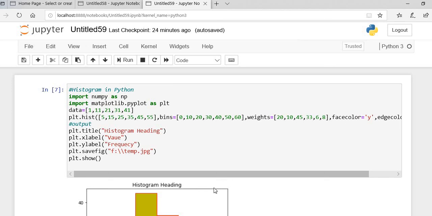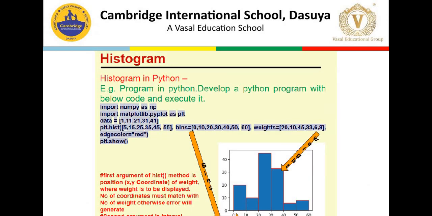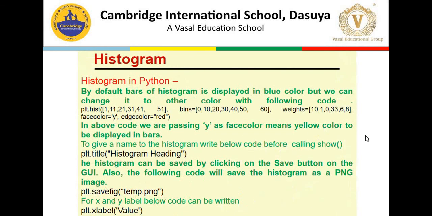So now students, moving back to our PPT. We have demonstrated this in Jupyter Notebook. Now what are the important things in a histogram? By default the bars of the histogram are displayed in blue color. We have changed the color by using the argument or parameter face color equal to yellow, and you students can make different colors also.